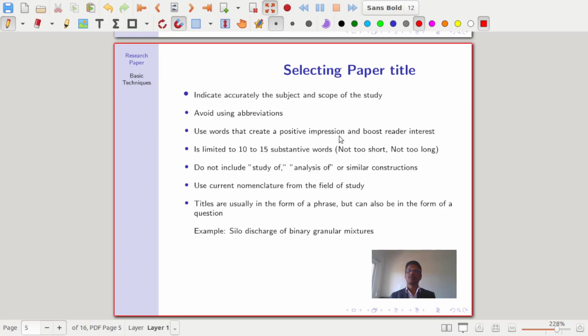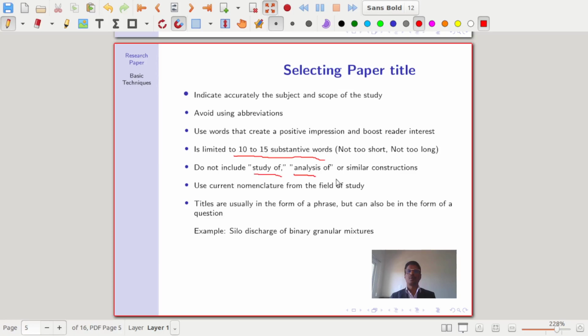The title should be 10 to 15 words, not too short or too long. You should avoid writing words like "study of" or "analysis of" while selecting the paper title.